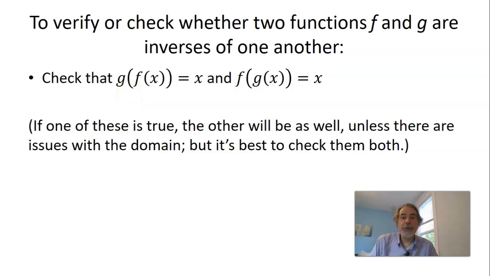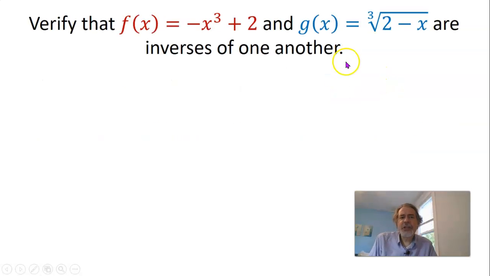And f of g of x should just equal x for all x in the domains of the two functions. Now, if you check one of these and it works, you can be pretty sure the other one's going to work as well. The only reason it might not is if there are issues with the domain. If it works for part of the domain but not another part. But it's best to check them both.